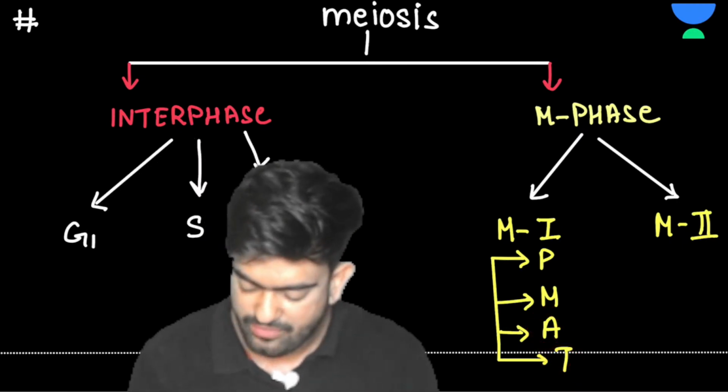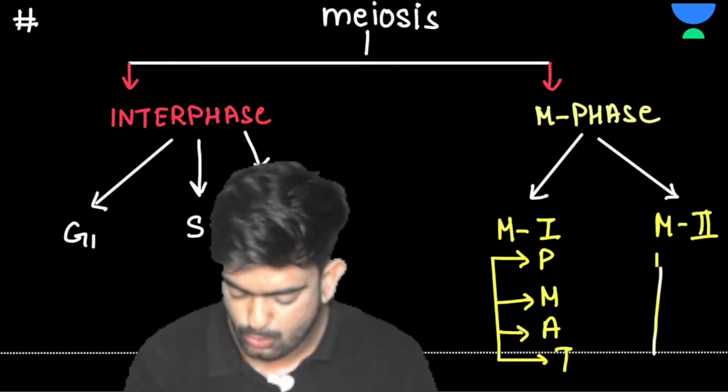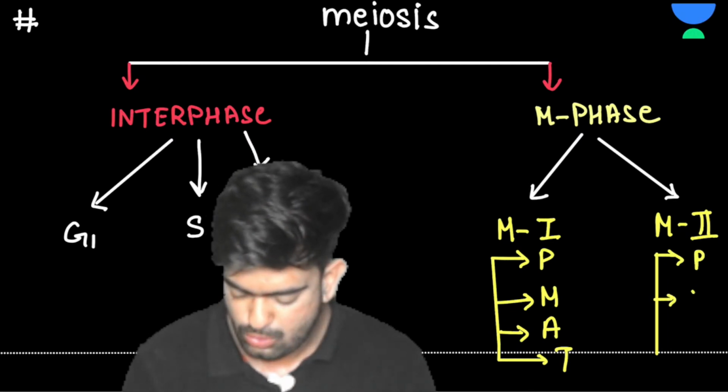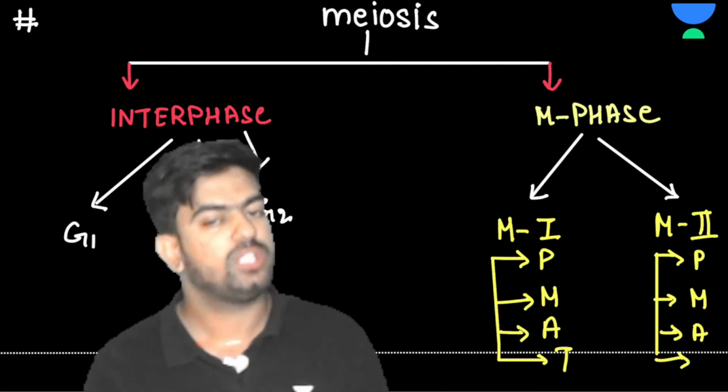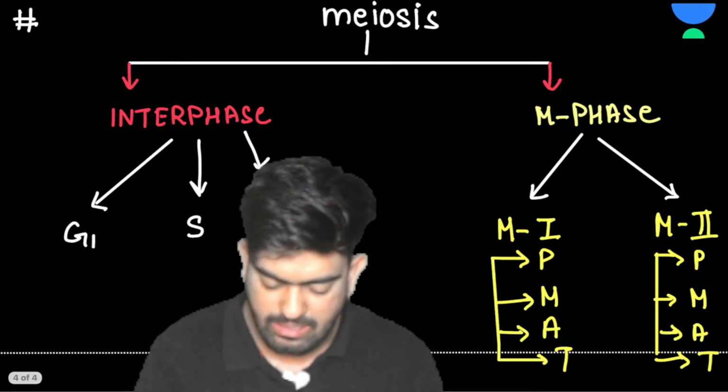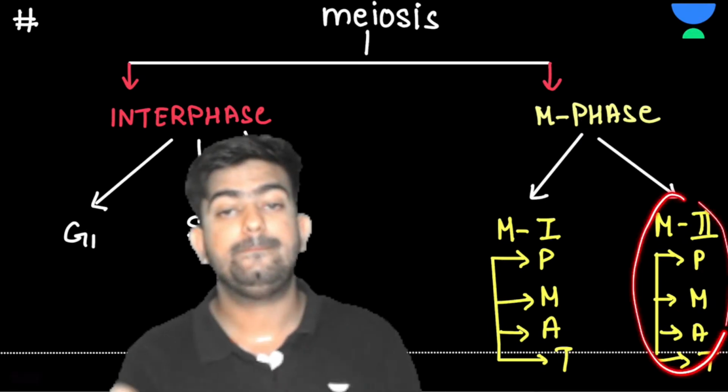But if the same thing happens in M phase 2, we are going to write prophase 2, metaphase 2, anaphase 2 and telophase 2. And you know that this is very much similar to mitosis.